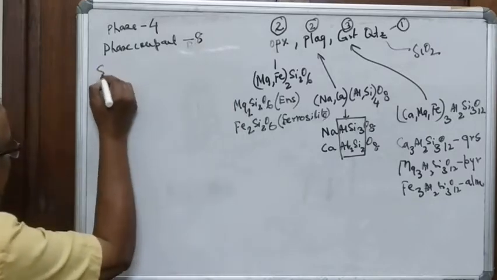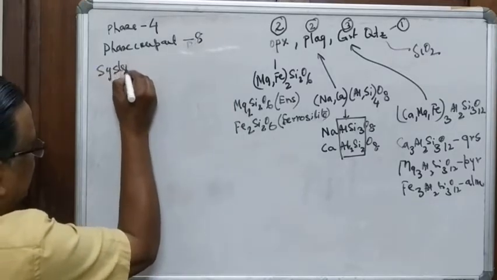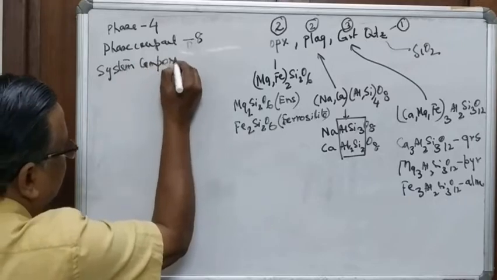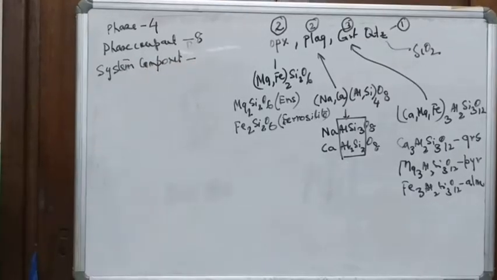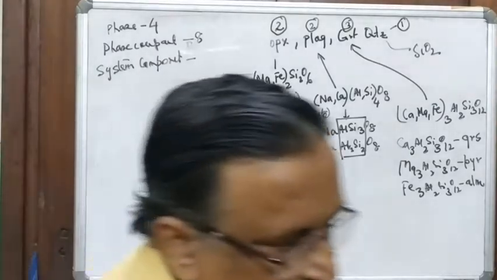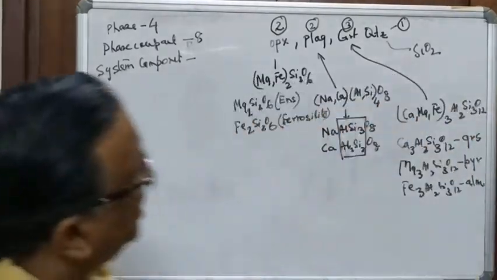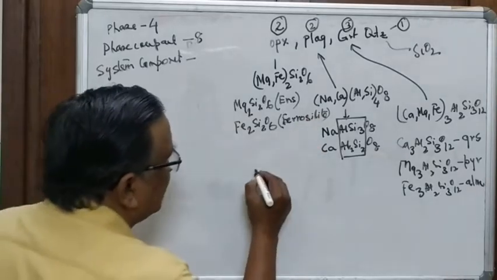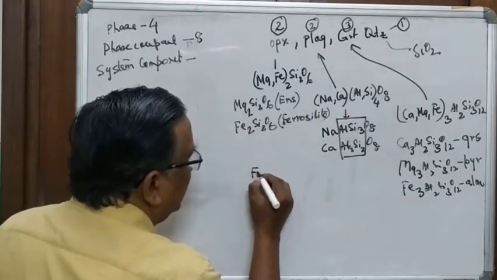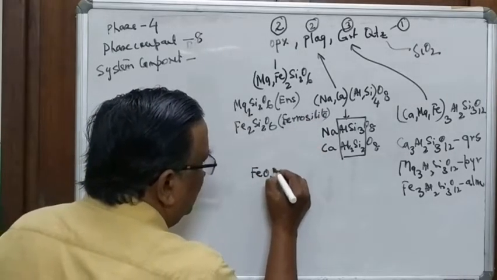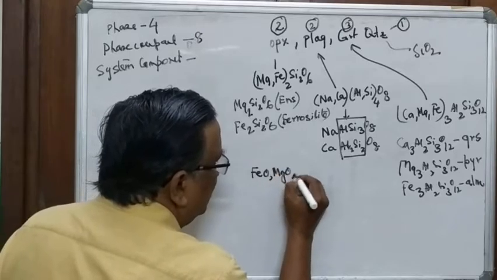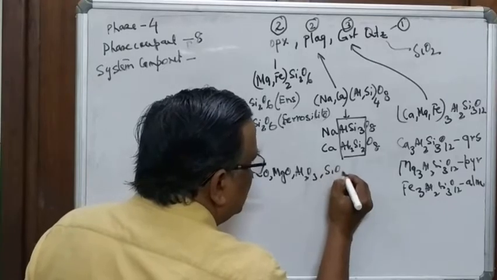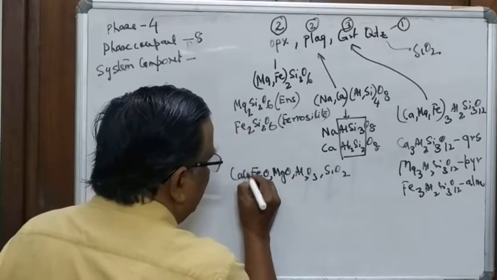Now we come to the question of system components. These are the three things that are first important. What are the system components? You can well see that the system components will be FeO, MgO, Al2O3, SiO2, CaO.